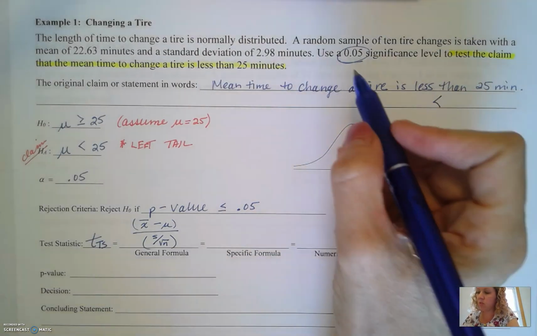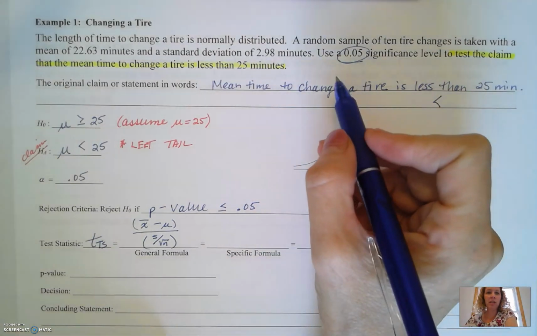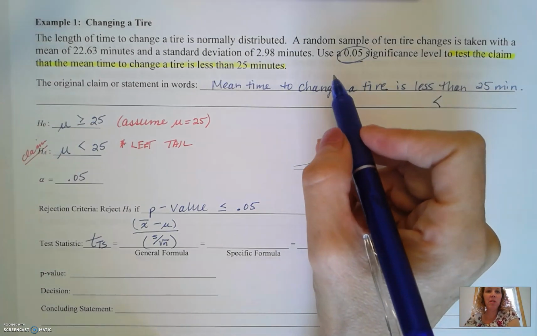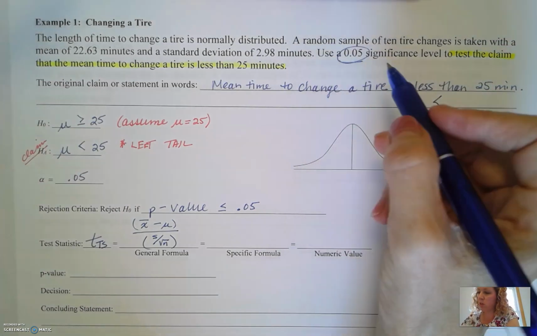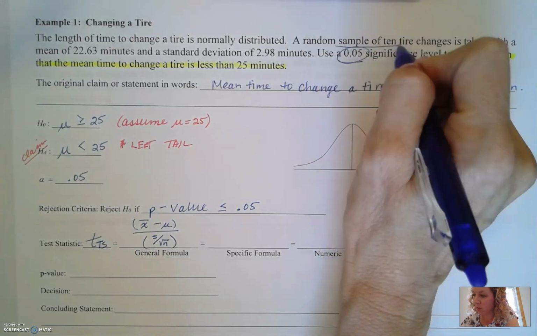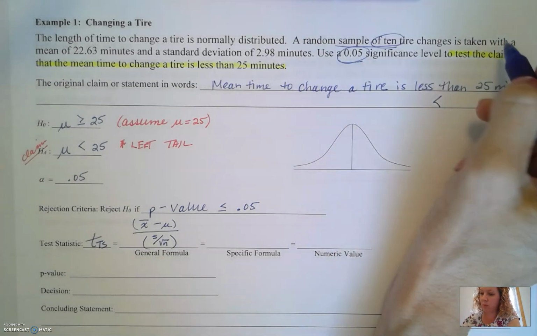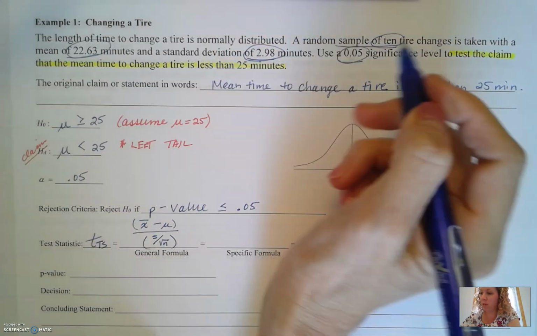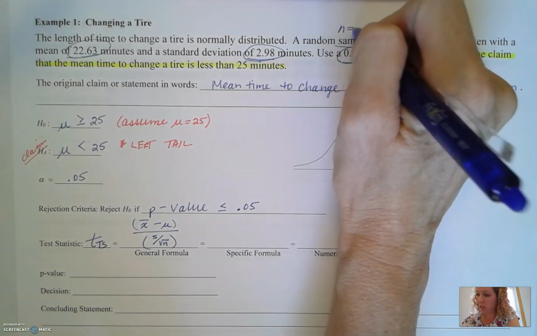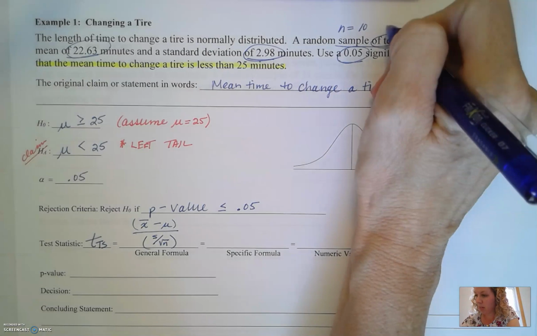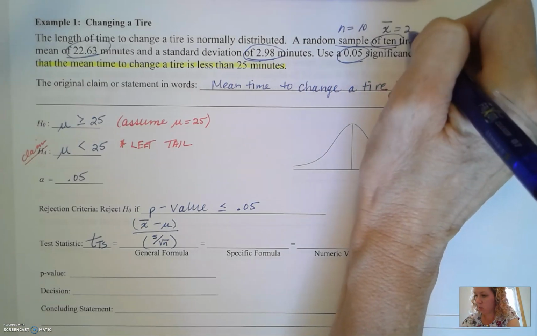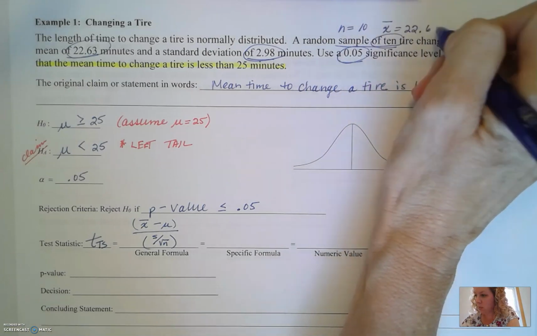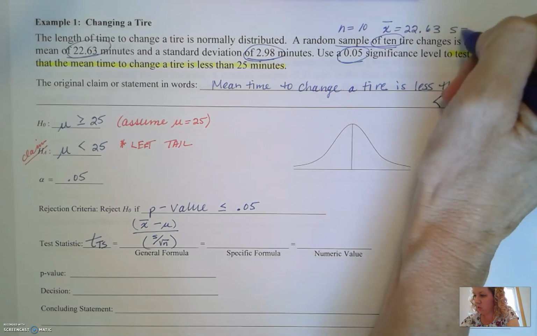Well, let's read our paragraph again. Length of time to change a tire is normally distributed, with a sample of 10 tires taken with a mean of 22.63 minutes and a standard deviation of 2.98 minutes. So n is 10. The sample mean x bar is 22.63. And the sample standard deviation is 2.98.